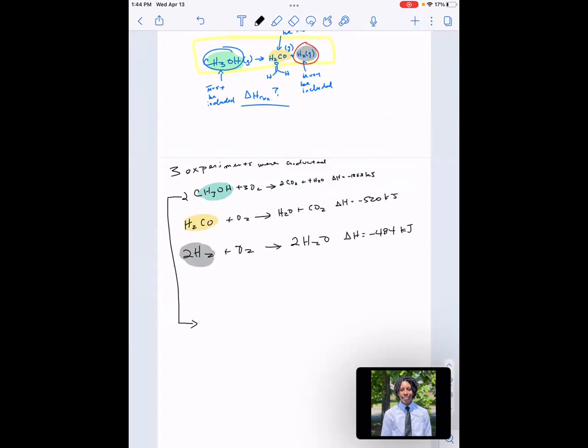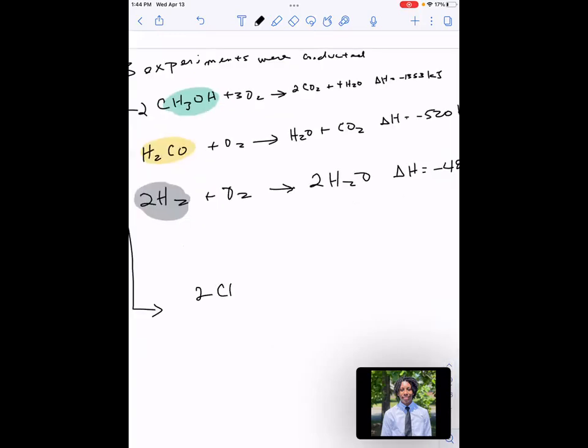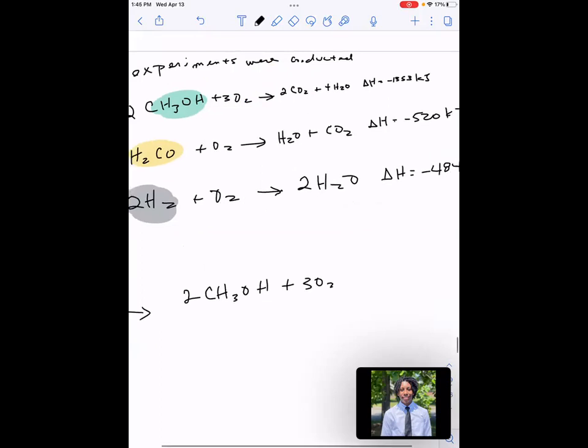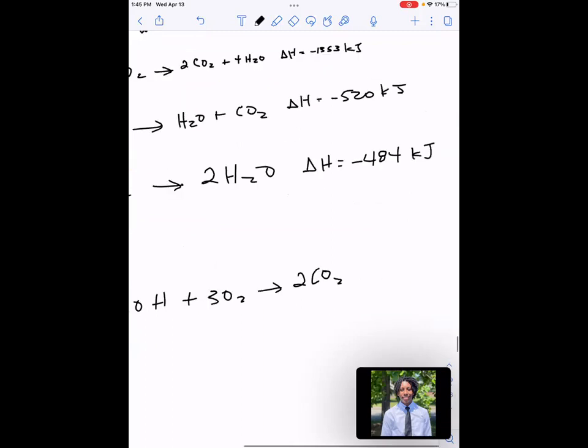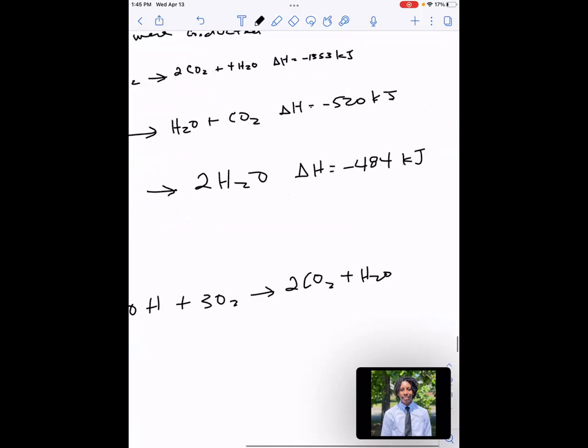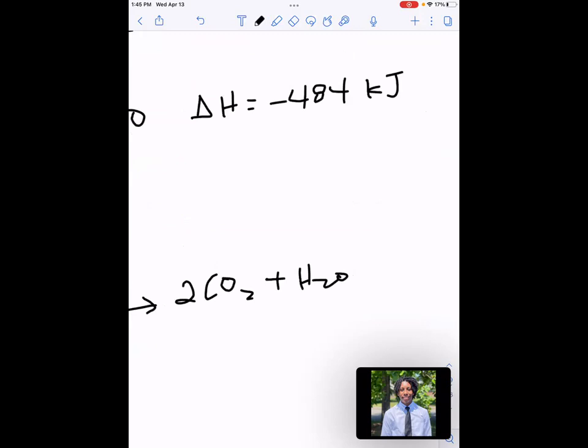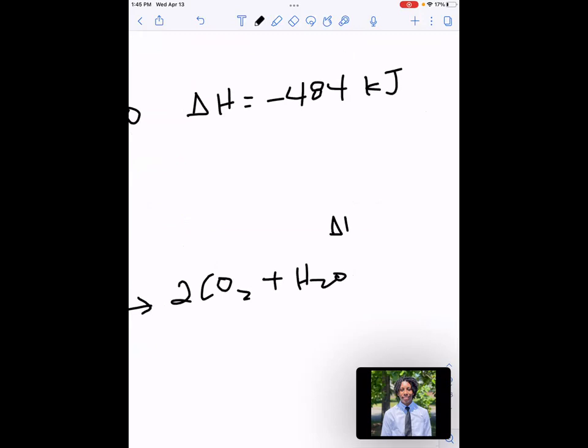So what we're going to do is take this reaction, 2CH3OH plus 3O2, and that's going to give me 2CO2 plus 4H2O. And delta H is negative 1353 kilojoules. All right.